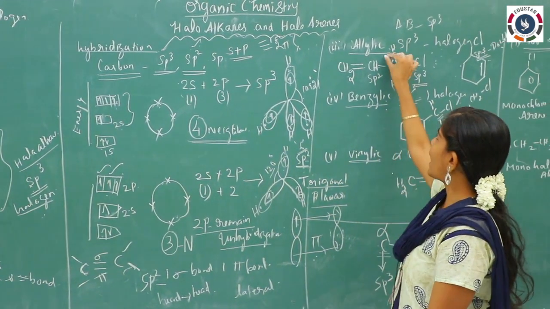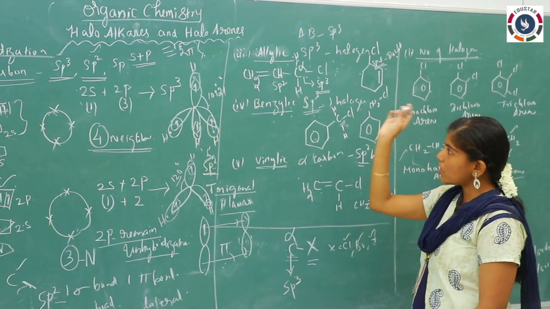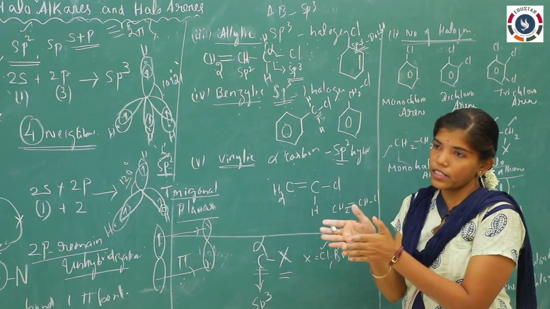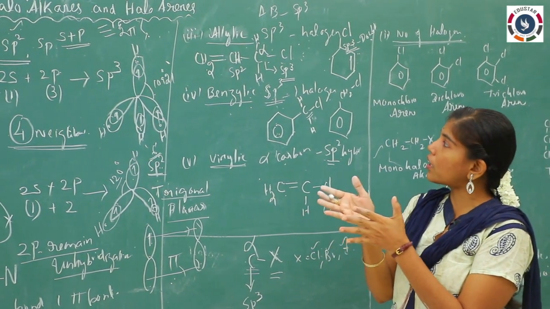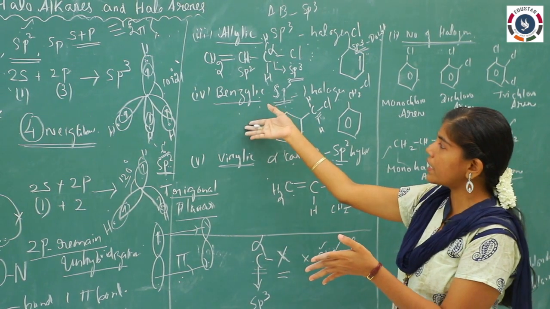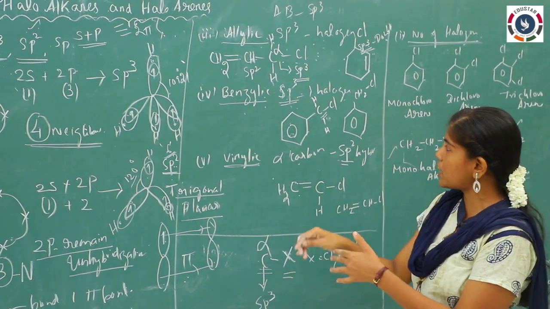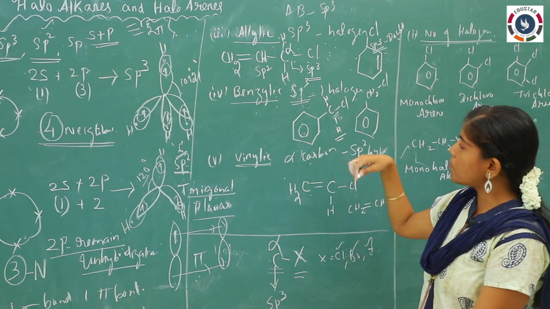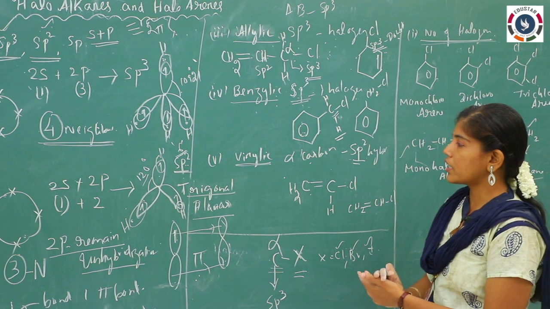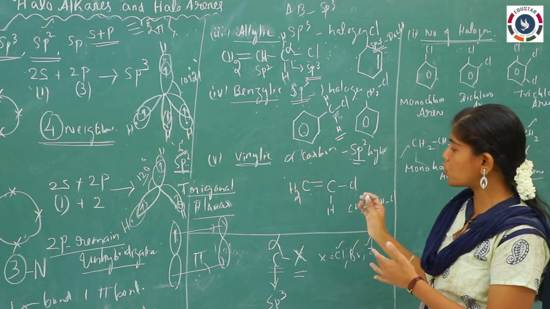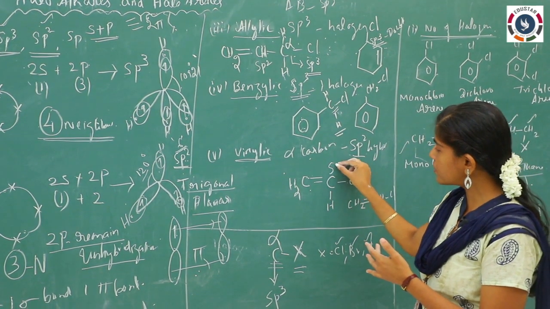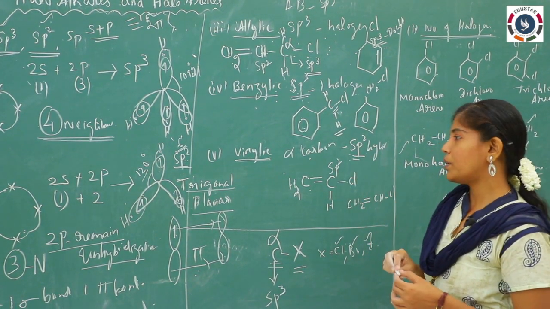In case of allylic, the alpha carbon atom is an sp3 hybridized carbon atom, and that sp3 hybridized carbon is attached to a double bond. In case of benzylic, the alpha carbon atom is an sp3 carbon atom, and that sp3 carbon atom is attached to a benzene ring. In case of vinylic, the halogen is attached directly to the double bond, that is the alpha carbon itself is an sp2 hybridized carbon.